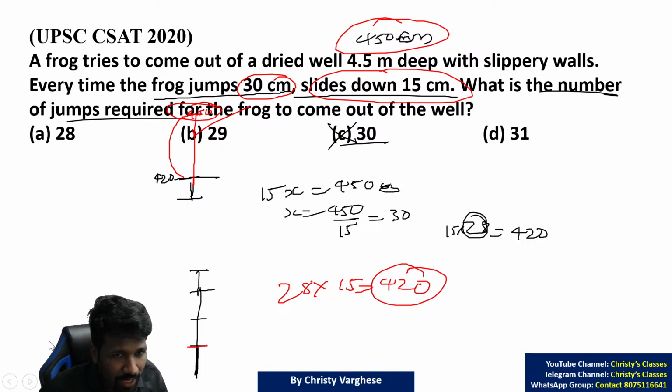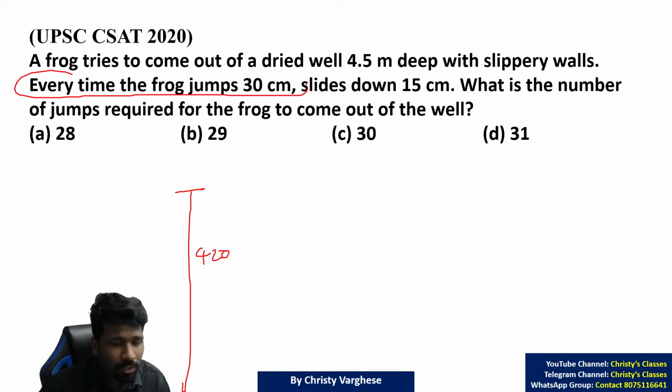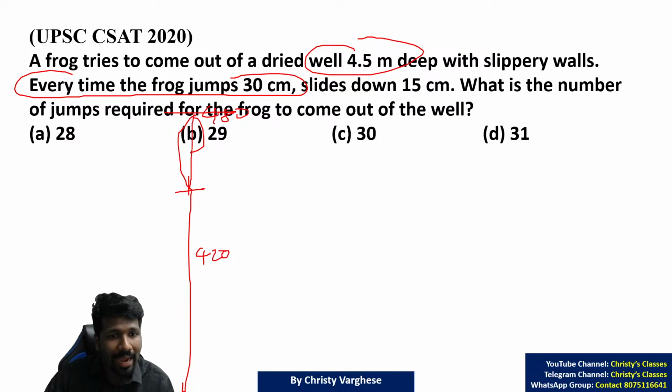So after 28th jump, it already traveled 420. Now the question says every time the frog jumps 30 centimeter upward. So upward means already 420 plus 30, 450 is crossed. That means the frog is out of the well. So that is why it will not jump back. So option B is the answer, 29.